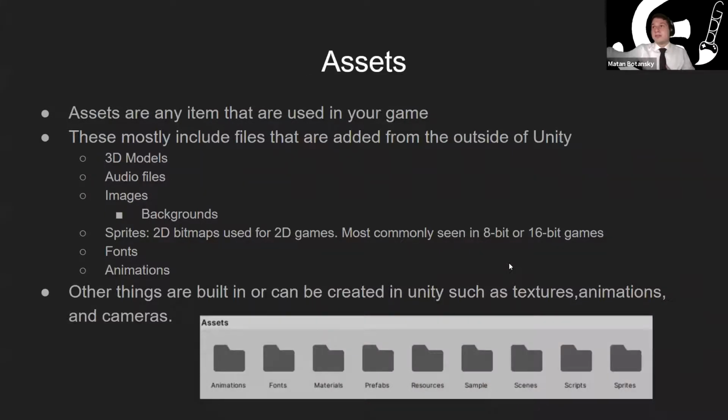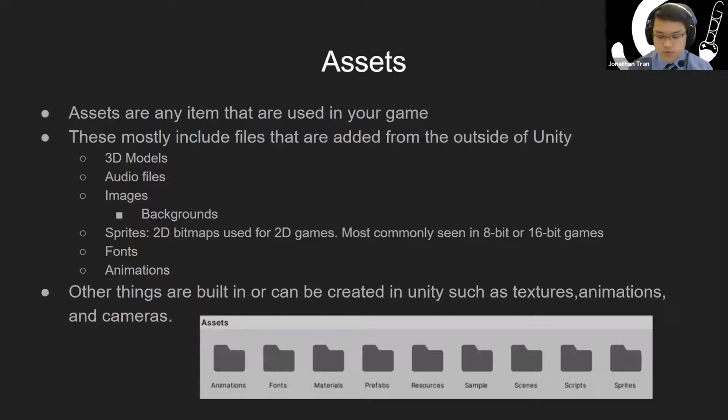In terms of assets, I believe Johnathan was going to explain this one. All right, so assets are essentially any item that's used in your game, which is a very broad term, but it literally is that. Most of these are files that are added outside of Unity. Things like that would include 3D models, audio files, images for backgrounds or different items in the game, sprites, fonts, and animations.